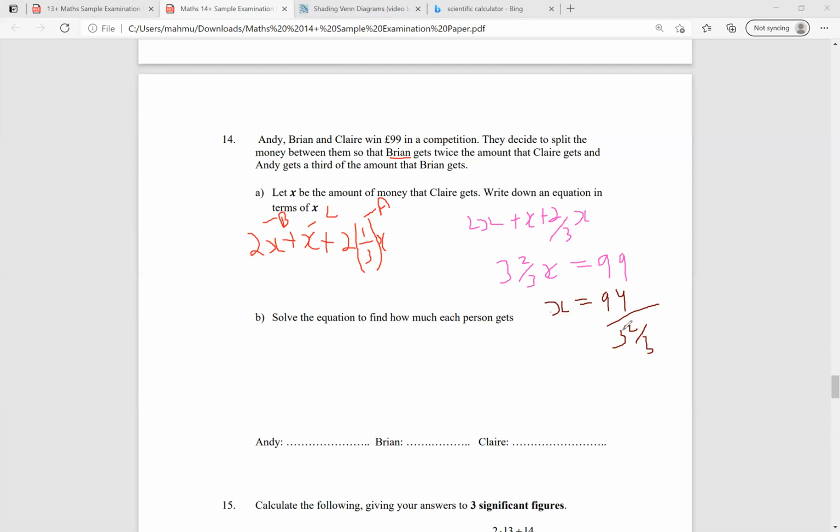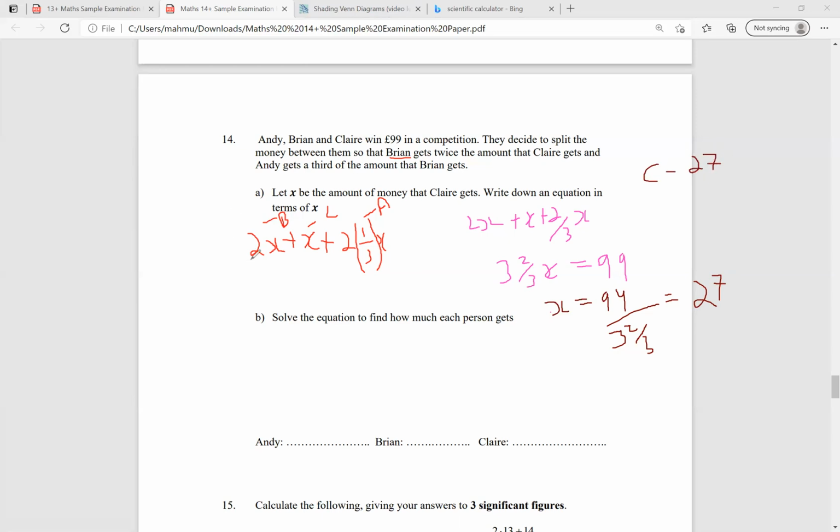Did that make sense? So what's 99 divided by 3 and 2 thirds? That should give you 27. So x gives me 27. Now I know Claire got 27 pounds.